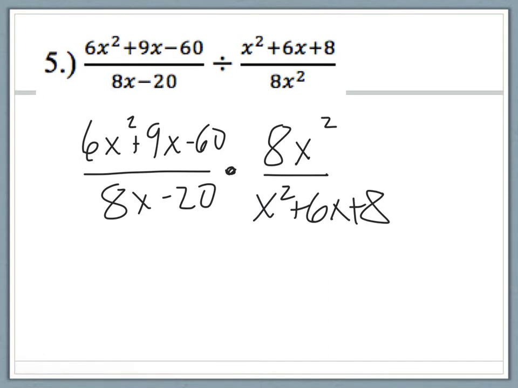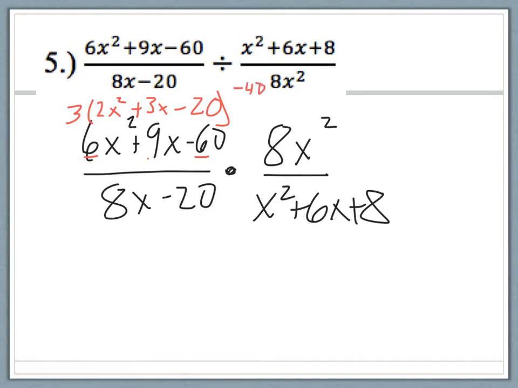So the first thing that I noticed is that for 6, 9, and 60, a 3 can go into all of those. So I'm going to factor out a 3, and I'm left with 2x squared plus 3x minus 20. Now I can actually factor it. So 2 times negative 20 is negative 40.